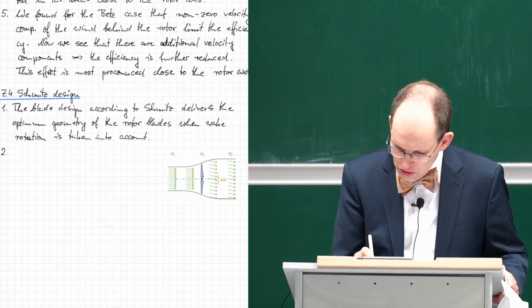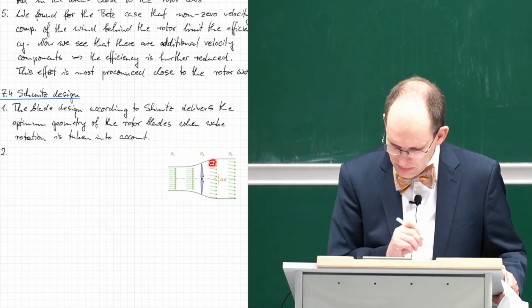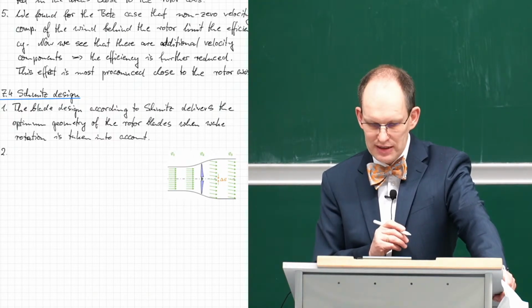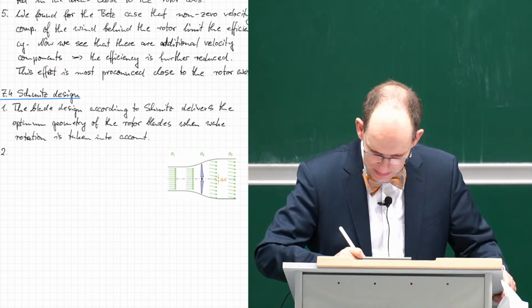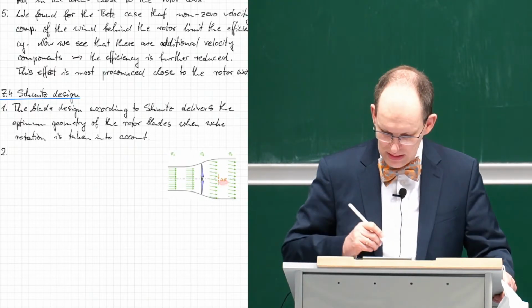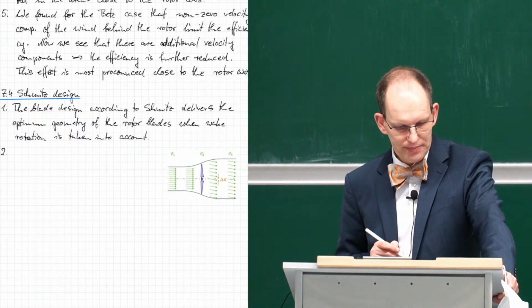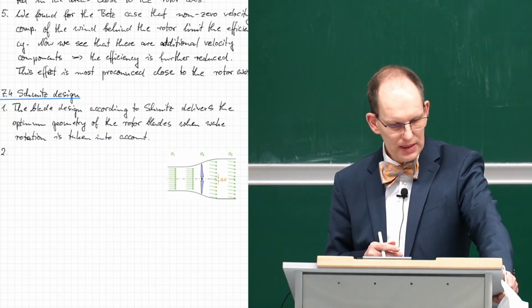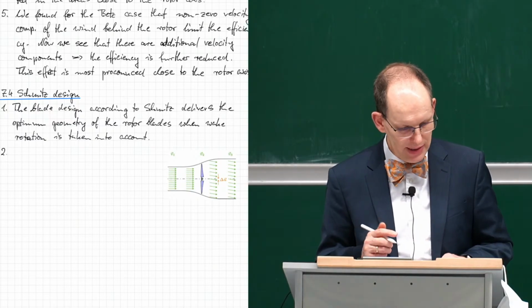I should have drawn these arrows a little bit smaller, that would have been even nicer. Maybe at some point I'll fix this figure. But what you see is that we have this delta U for the wind direction, and also for the wind speed, of course. And we'll try to quantify that.